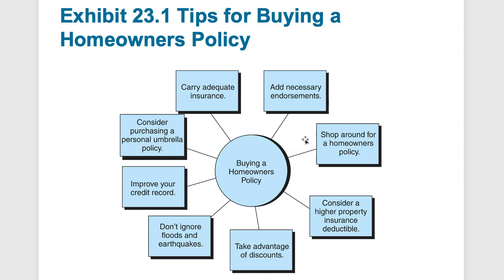So you could look at the Better Business Bureau or some other internet rating agencies to see how these insurance companies are if something does go wrong. Are they a real pain? Are they trying to shirk their responsibilities, or do they pay out promptly? So you want to look at the quality as well as the price and the quantity of the insurance you're getting. It takes a bit of research to really know what the best company is to pick.